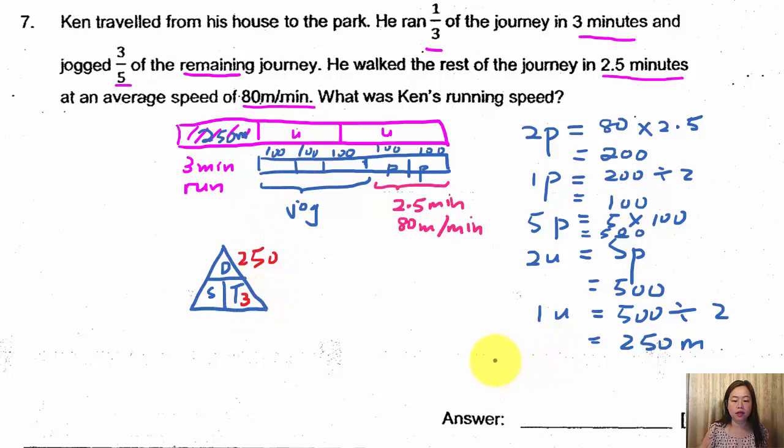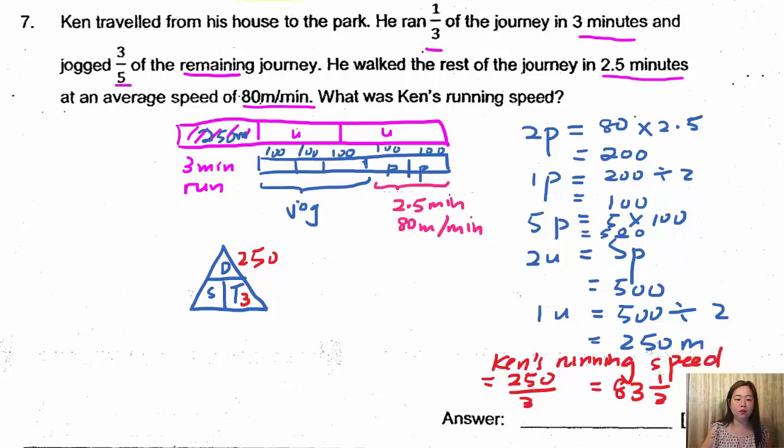So the running speed is actually equal to 250 divided by 3, and from improper fraction we will change it to mixed number, which is 83 1/3 meters per minute.